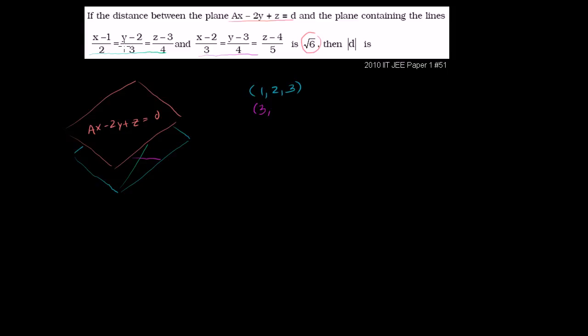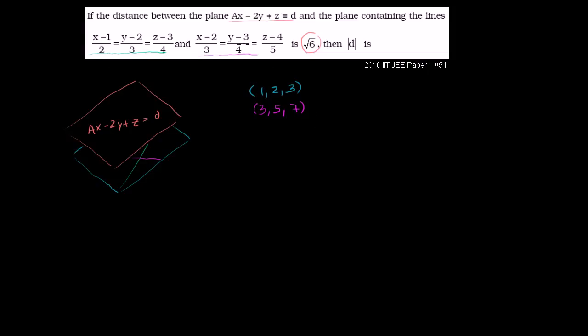If I want this to evaluate to 1, I would want 5 minus 2 over 3, so 5. And then I would want this to be 7, since 7 minus 3 over 4 is also 1. So that's another point. Both of these points sit on this line: (1, 2, 3), and then (3, 5, 7).